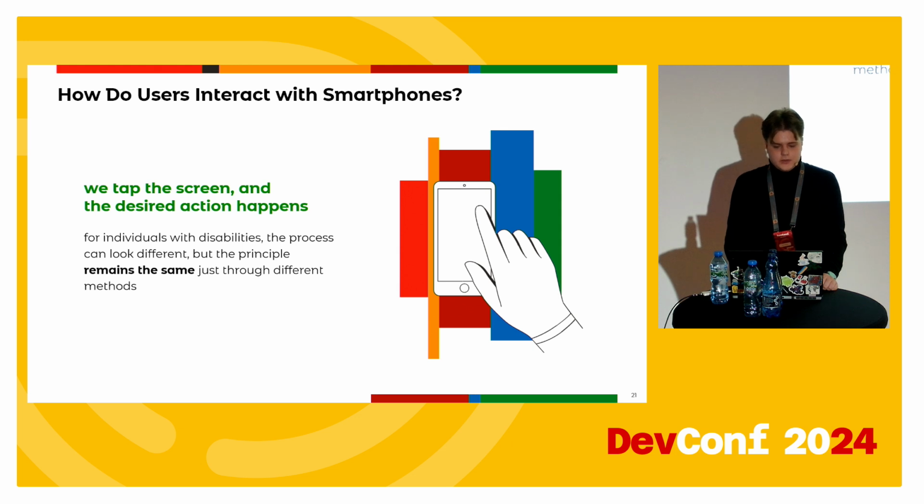For individuals with disabilities, the process can look different, but the principle remains the same. They send commands and receive information from the device, just through different methods. For example, they may use voice commands, external input devices, and other assistive technologies. The method may vary, but the goal is identical: to interact with the smartphone seamlessly.